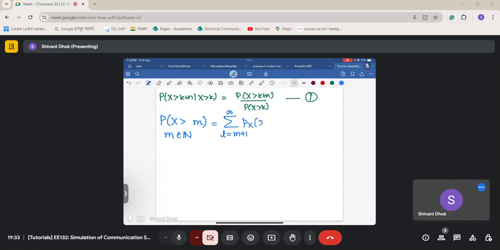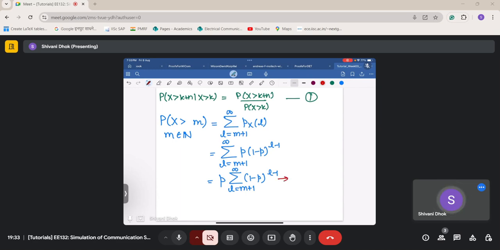px of L. Okay, and this we can write as summation L ranging from m plus 1 to infinity p into 1 minus p to the power L minus 1. So this p is constant, and then we have this sum L equal to m plus 1 to infinity 1 minus p to the power L minus 1.